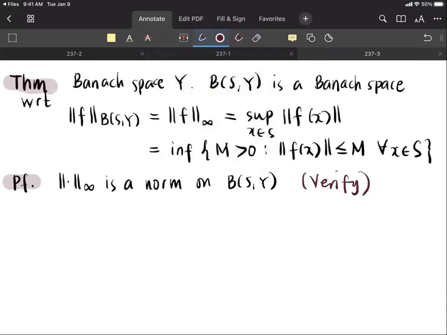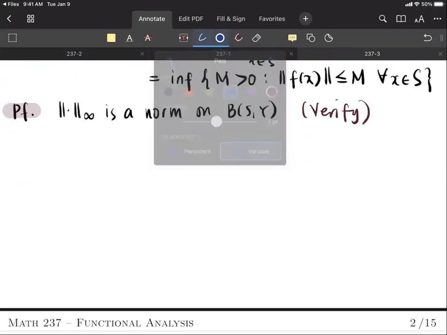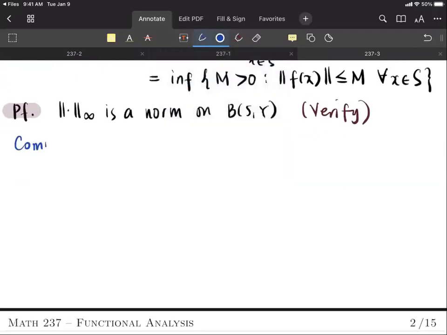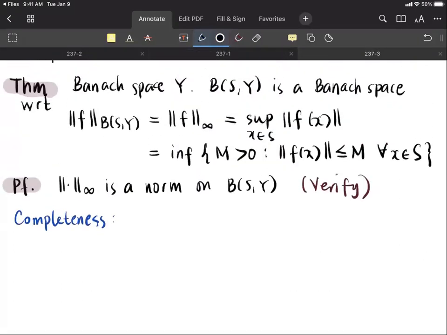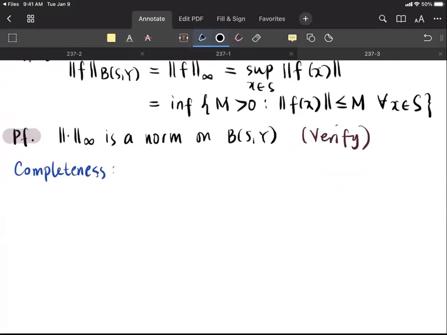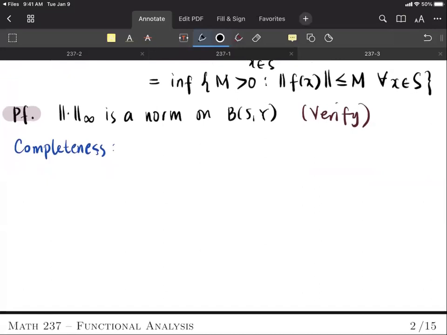And this indeed follows from the fact that we have a norm on the image or target space Y. The one that I would like to emphasize here is the completeness of this vector space under this norm. So as we said, to prove completeness, you first take a Cauchy sequence.